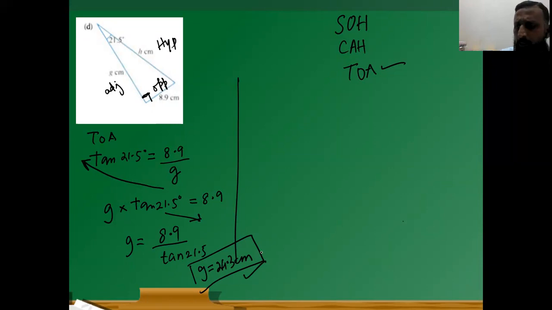Moving on to the next part, boys and girls, what is unknown? H is unknown. I need to look for the relation between hypotenuse and opposite. Hypotenuse and opposite comes in SOH. So I'm going to apply SOH here. Sine of the angle 21.5 equals opposite is 8.9 and hypotenuse is h. Now cross multiply h on that side. You have h multiplied by sine 21.5 degrees equals 8.9. Now h is unknown.